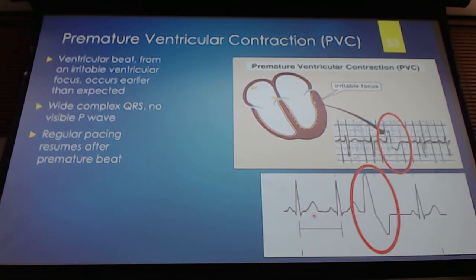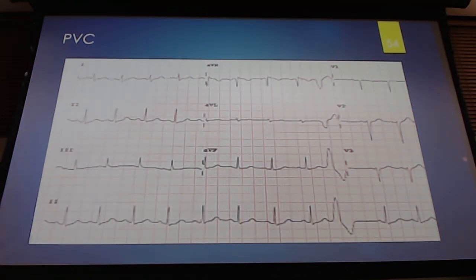So here we have PQRST, and then we have this big, in-your-face, wide QRS complex that is a premature ventricular contraction. It's occurring earlier than we would think, which should be about right here, and it's big and wide. Everybody, I'm going to point out the PVC on this one.